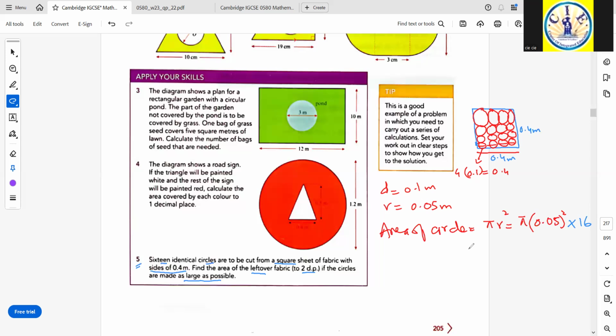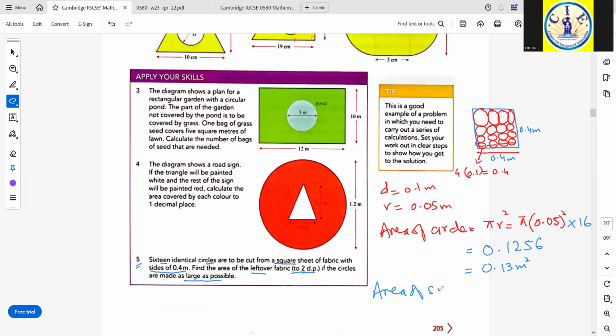So this is 0.1256. Since we need to have the answer to two decimal places, let it be 0.13 meter squares.